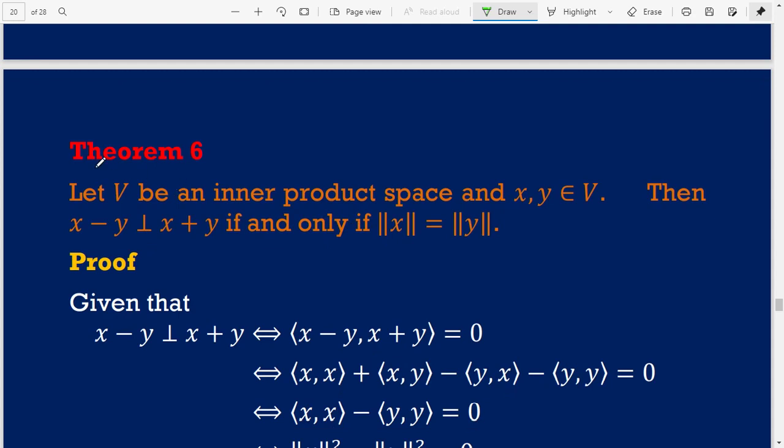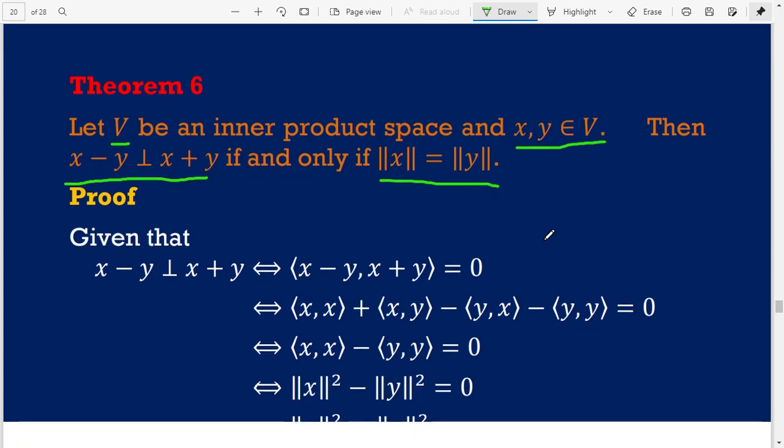Now the next theorem. Let V be an inner product space and x, y belongs to V. Then x minus y is orthogonal to x plus y if and only if norm x is equal to norm y.